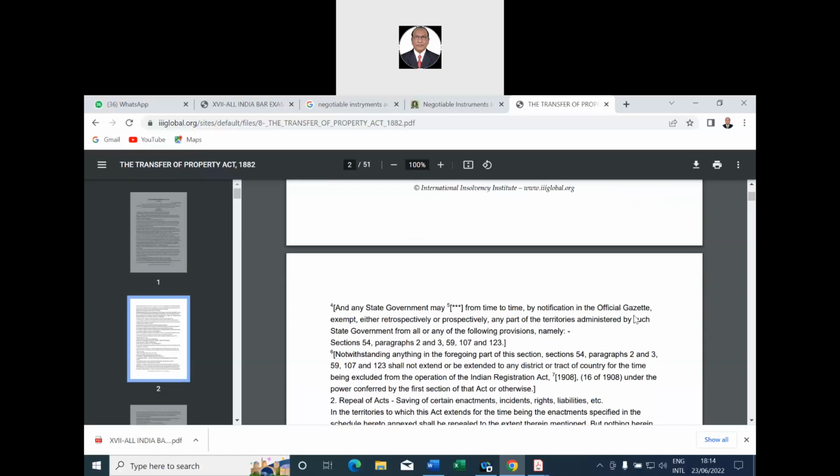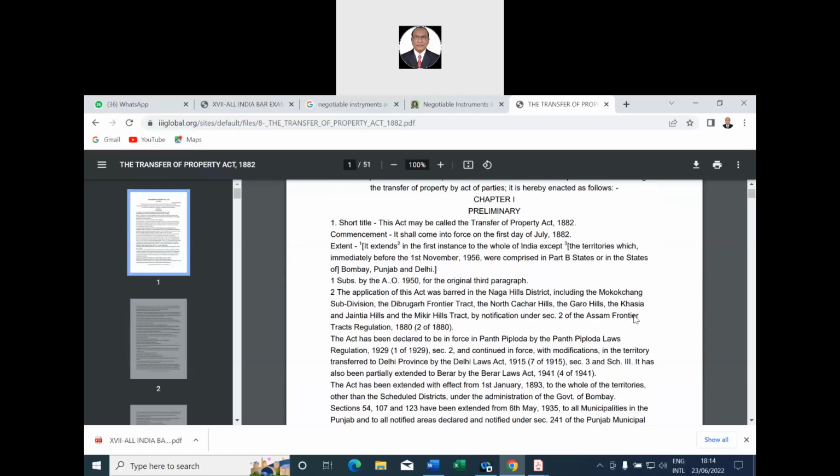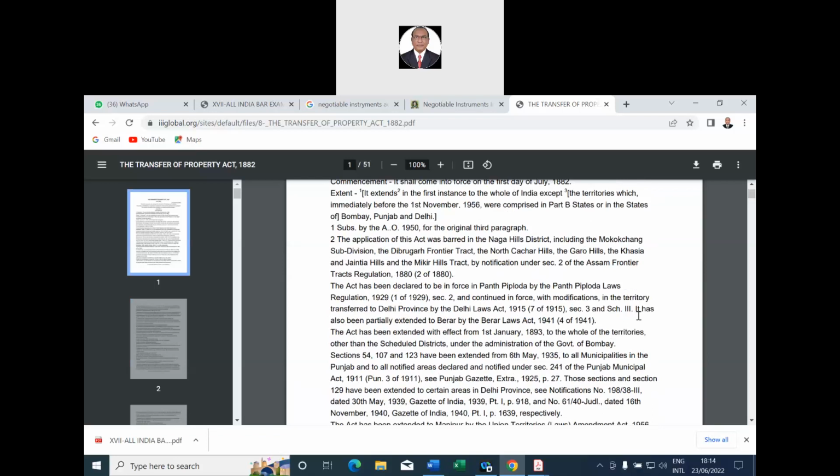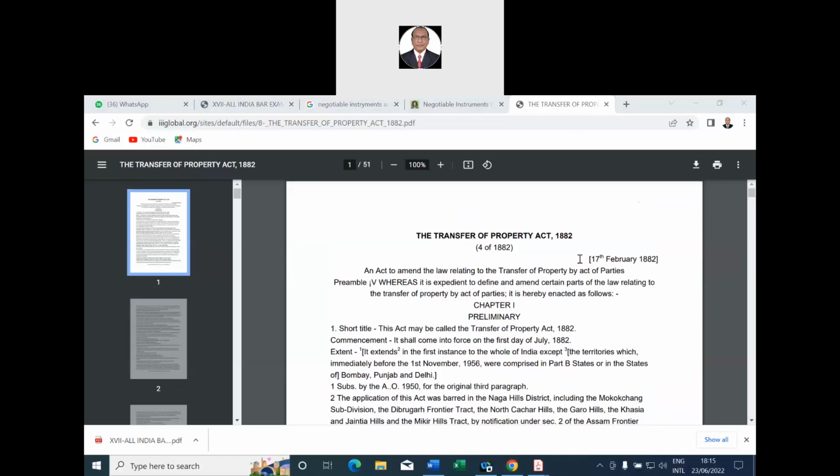And again, I did not touch the Negotiable Instruments Act. Whether anybody is the father of the negotiable instrument or mother of the negotiable instrument, you try to make it out. To my knowledge, there is no such thing. But they may ask what act could be used before the passing of the Transfer of Property Act 1882, which act was repealed, and how many amendments are there for the Transfer of Property Act 1882.